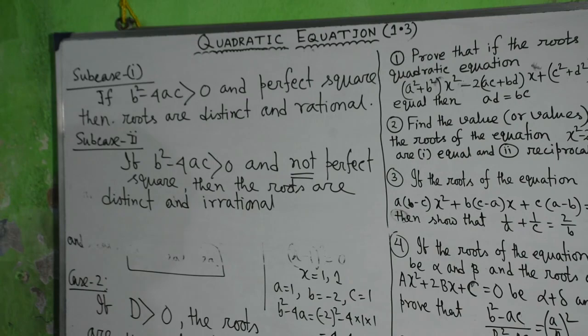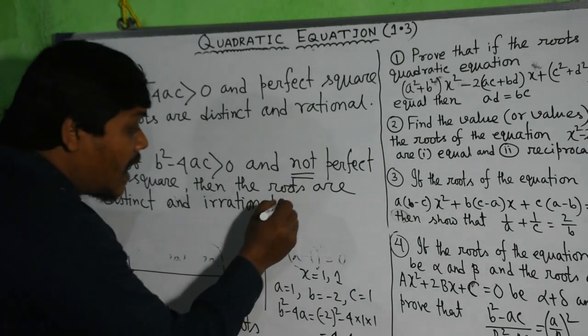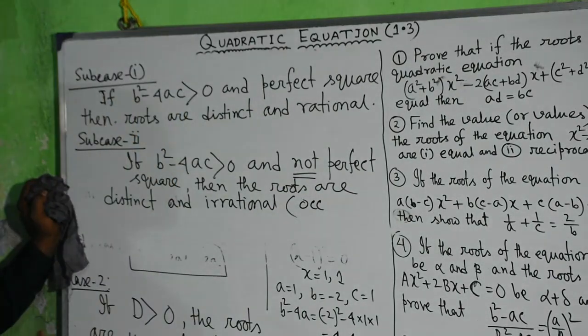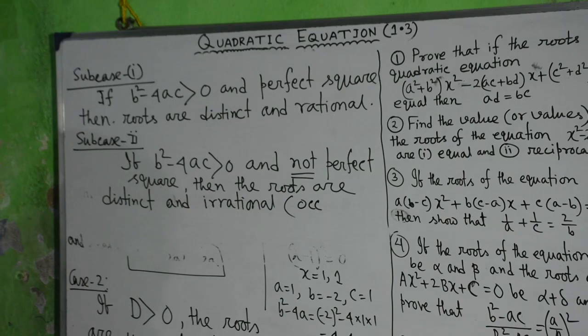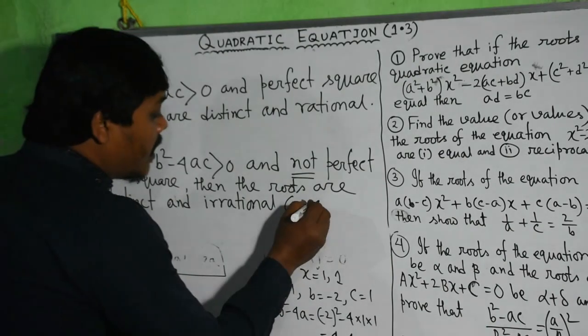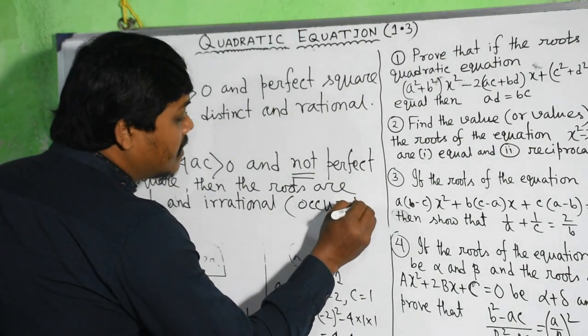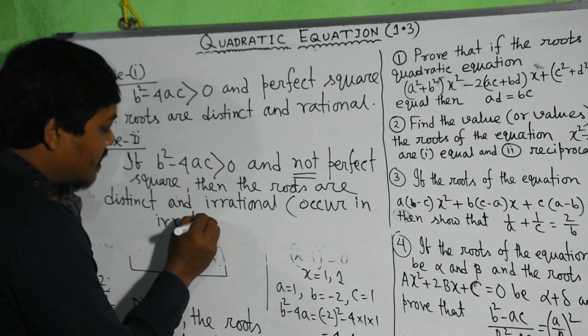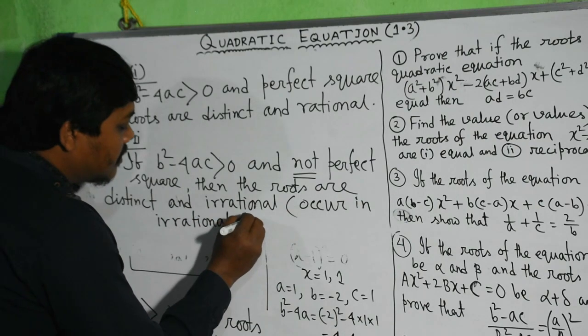So when b square minus 4ac is greater than 0 and not a perfect square, the roots are distinct and irrational, and occur in conjugate pairs. We know that if 2 plus root 3 is a root of the quadratic equation, then of course the other root is 2 minus root 3. So they occur in irrational conjugate pairs.